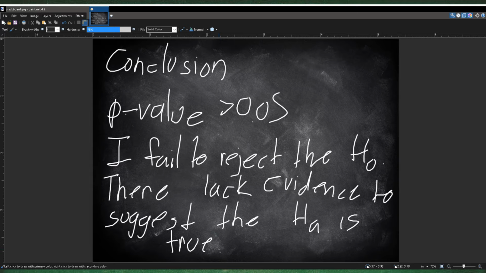There is a lack of evidence to suggest that more than 25% of the students are freshmen.